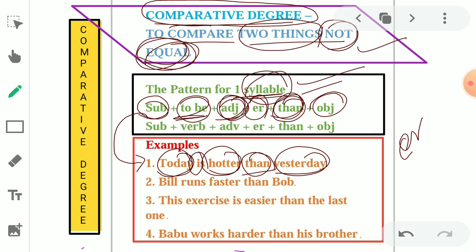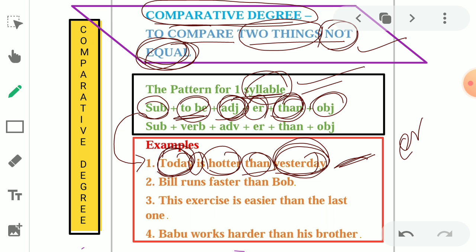Here also there are two things, today and yesterday, both compared. In this way, the sentence says that today's weather is compared with yesterday's weather, whether it is hot or not. Got it? In that way, we use comparative degree to compare two things which are not equal.